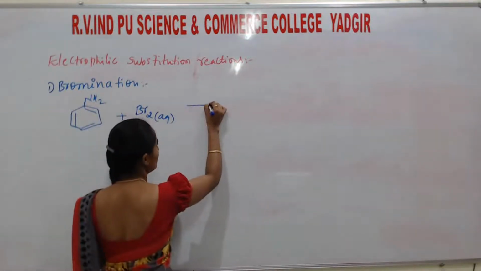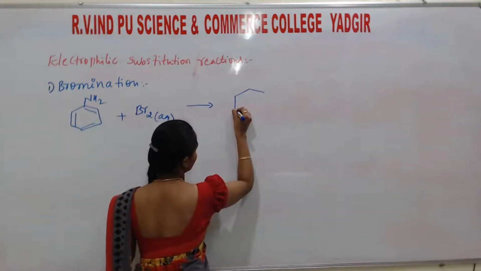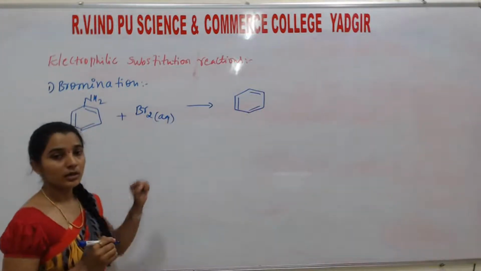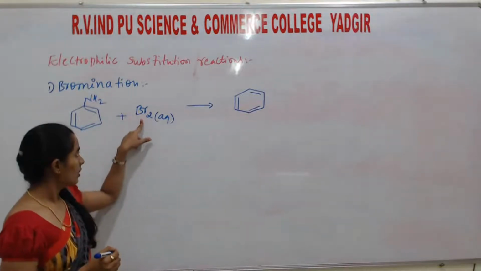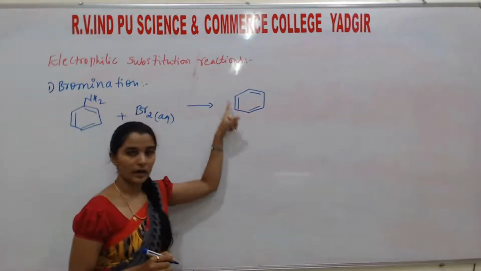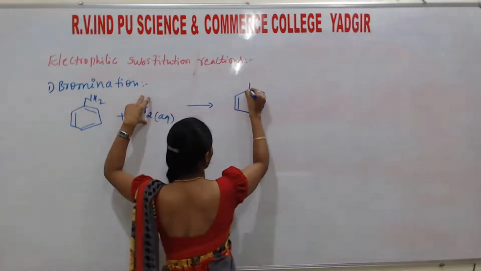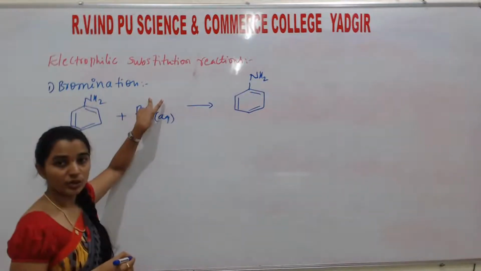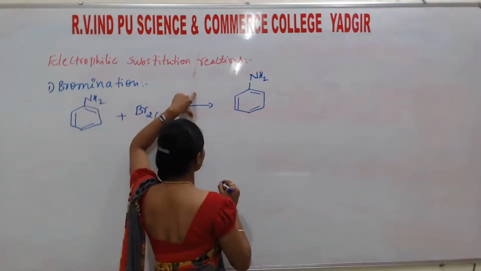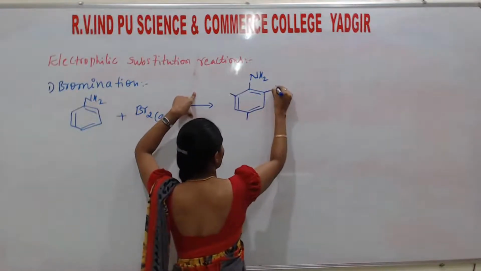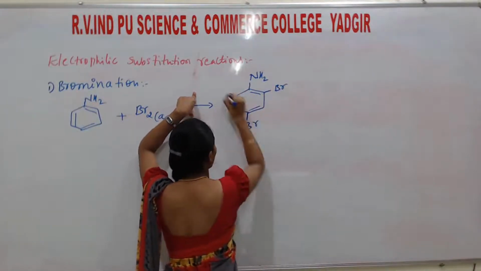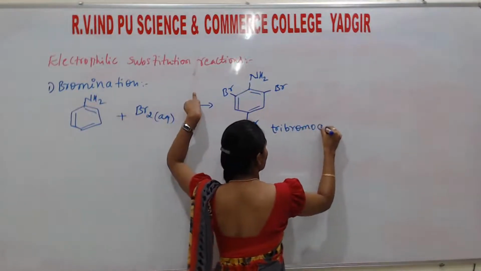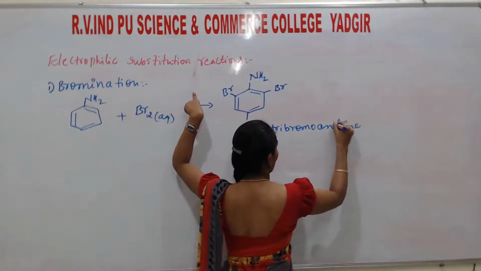Then it forms, at which position Br may be attached? Ortho, para. Okay. So if here we are taking only this aqueous solution of Br2, that is bromine water, without any reagent here, then we will get tri-substituted aniline. This is tribromo aniline.